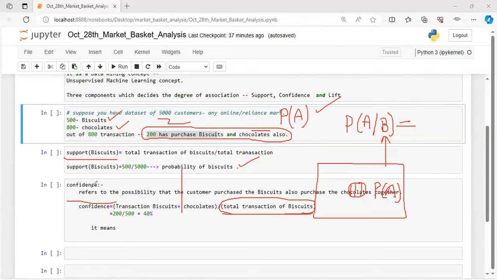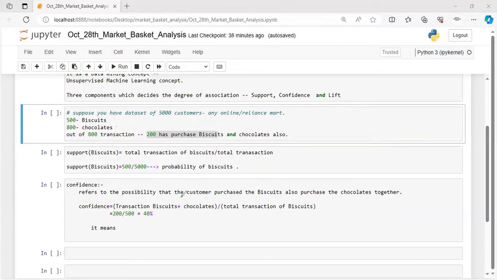So confidence refers to the possibility that the customer who purchased the biscuit also purchases the chocolate. We are assuming here that the person who has purchased the biscuit is also going to purchase chocolate, not in reverse.